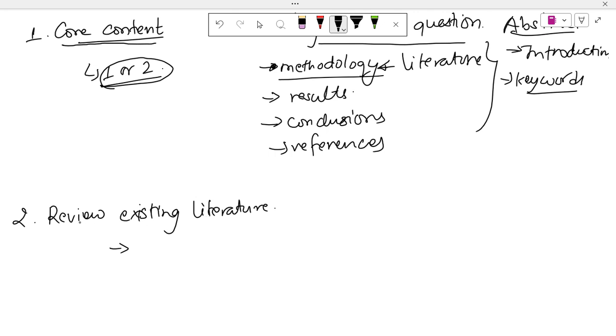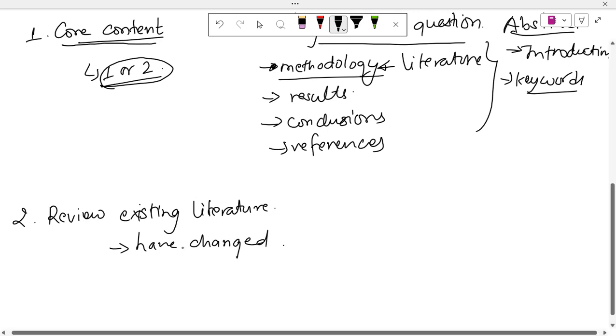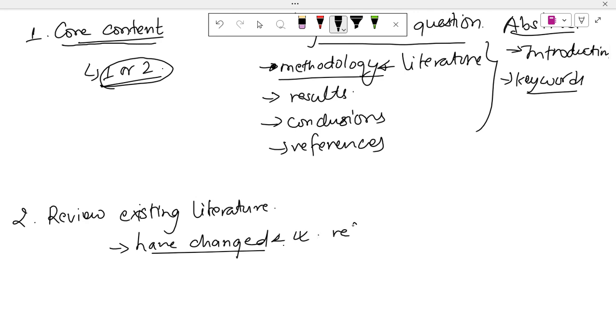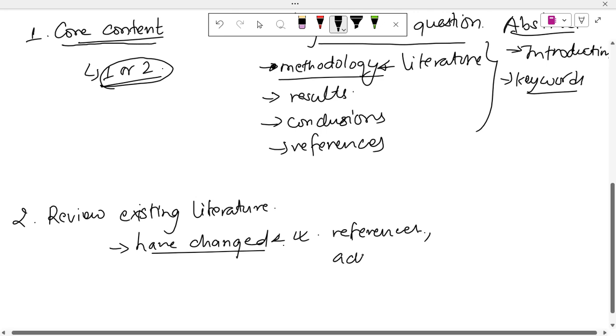But if you did your thesis one or two years before, you need to see what things have changed, incorporate those changes, update your references accordingly, and acknowledge the latest developments in your field.